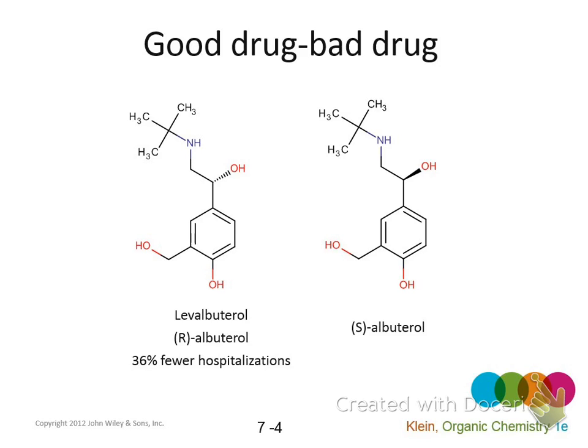Turns out one enantiomer had a good effect and one actually has a bad effect. But they couldn't separate the 2 before, so they couldn't tell. Okay? So this is the effect of stereochemistry. The shape of the molecule is important in its biochemical behavior.